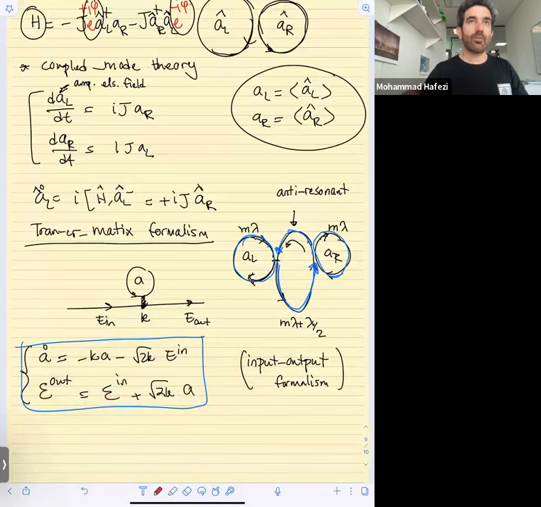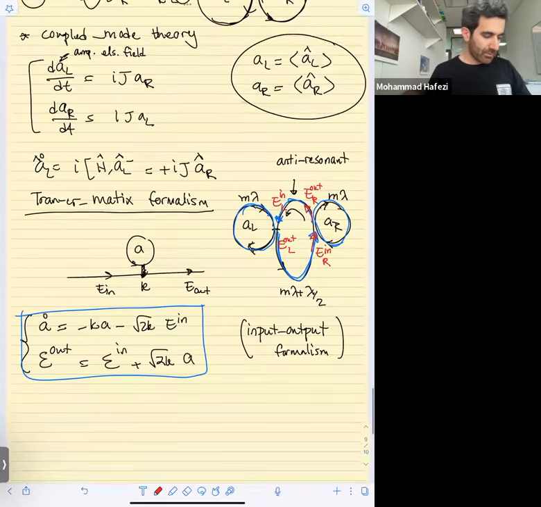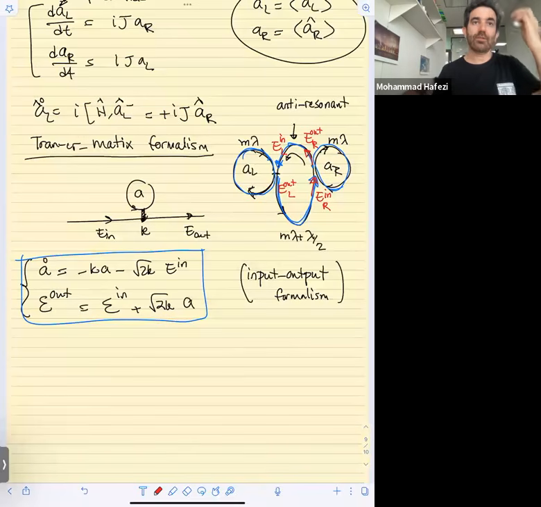So if I annotate these fields as A in left, A out left, over here it's A in right, and A out right. Now I have to write a bunch of equations and then solve them. I don't do it right now. You can look at the notes.